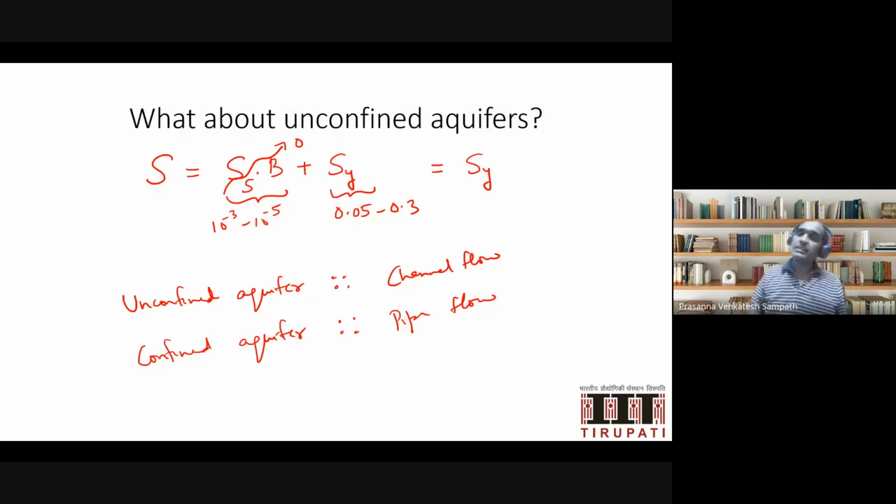The only process that can remove water from a confined aquifer is this compression of the aquifer matrix, the soil matrix, and that expansion of the water by a tiny little amount, right? So that is the only process. The same process also plays in unconfined aquifers, but it just is so insignificant.